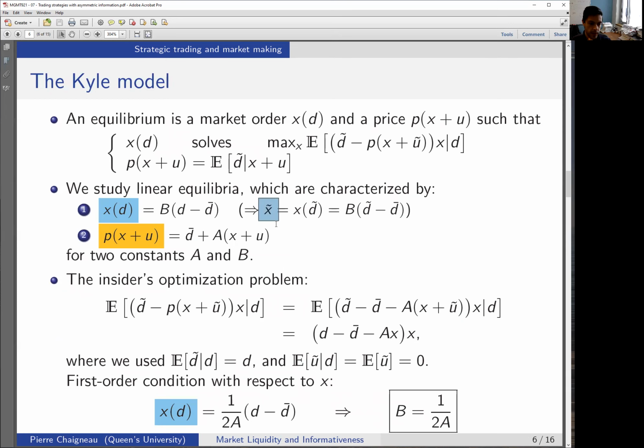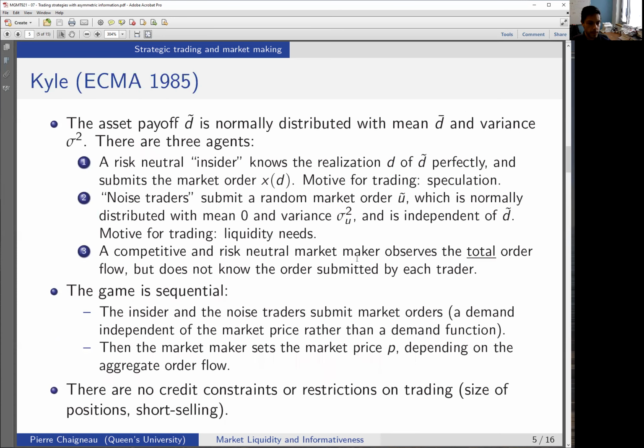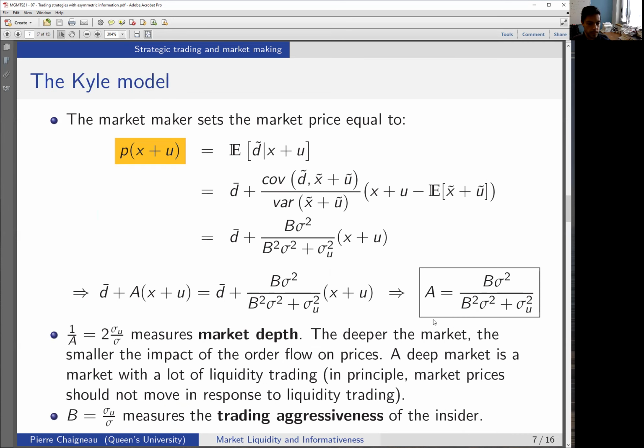Meaning that the expectation of x tilde is 0. Now we have the expectation of u tilde. But again, that's easy because the expectation of u tilde is equal to 0. Okay. So after all this work, we find that the market price of the asset as a function of the order flow, x plus u, is equal to this linear function of the order flow. Okay, you should try to redo it at home, make sure you find this expression as well.